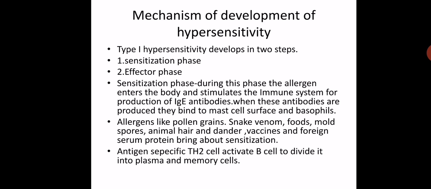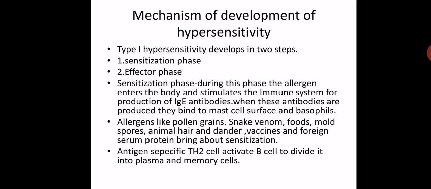So whenever the person comes in contact with such types of allergens, the person becomes hypersensitive, because these allergens, meaning snake venom, food items, pollen grains, smoke, dust particles, are going to sensitize the mast cell or basophils. That is the sensitization phase.